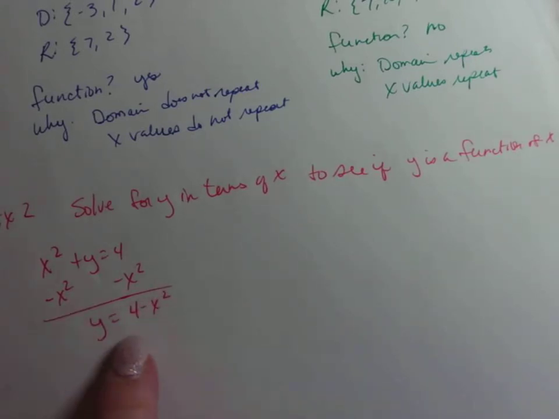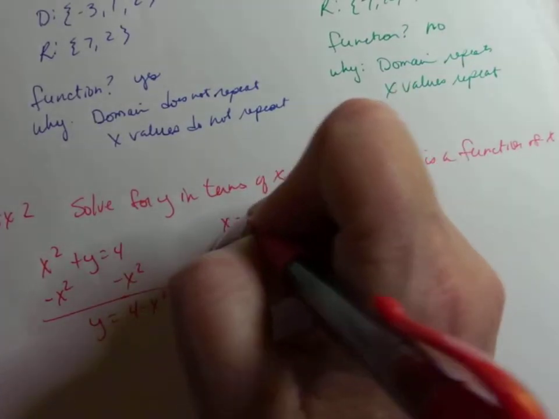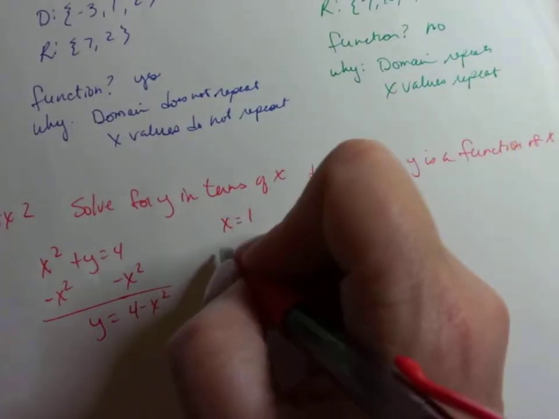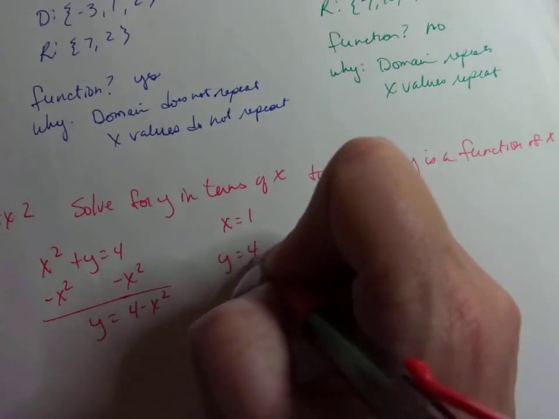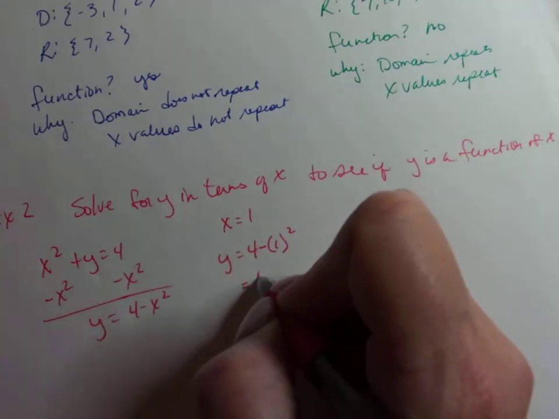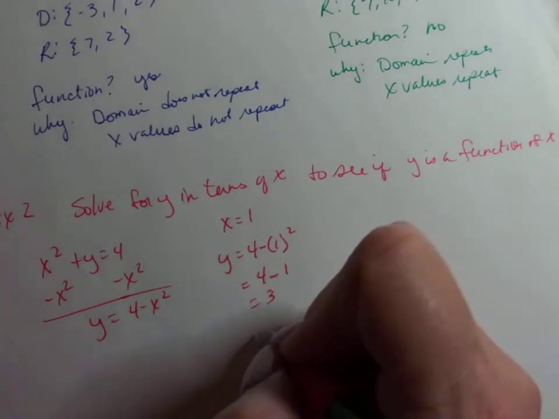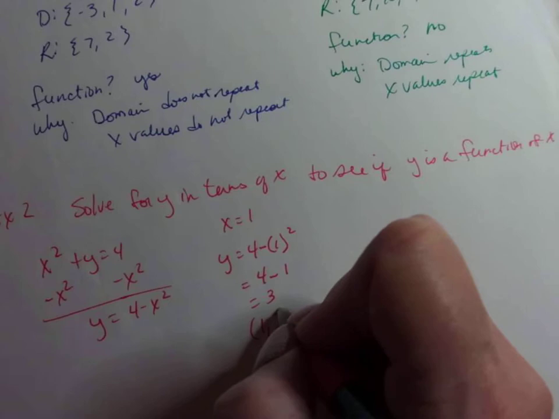It's hard to tell maybe from here, so let's plug in a point. If I plug in x equal to 1, then I get y is equal to 4 minus 1 squared. That'll be 4 minus 1, which gets us 3. So that gets us a point of 1, 3.